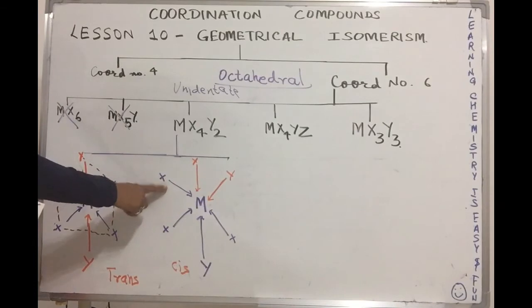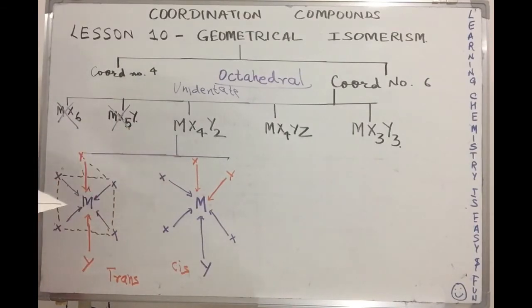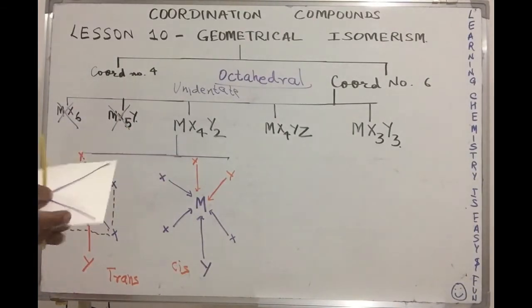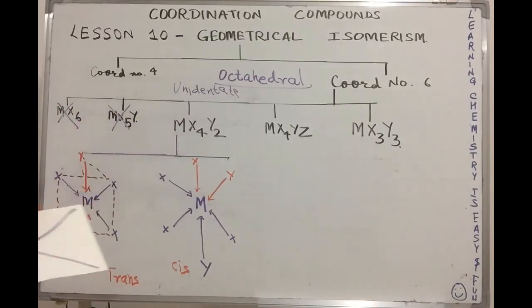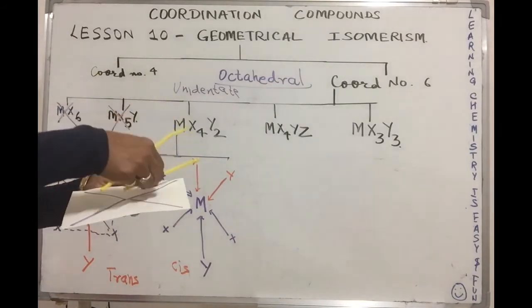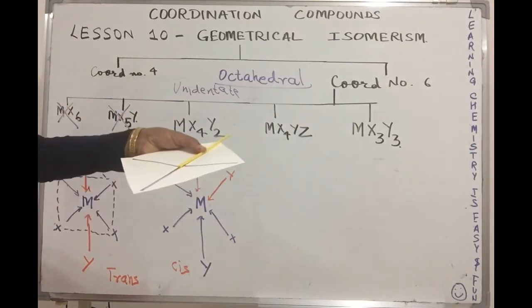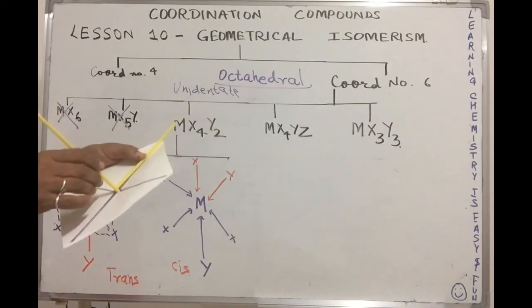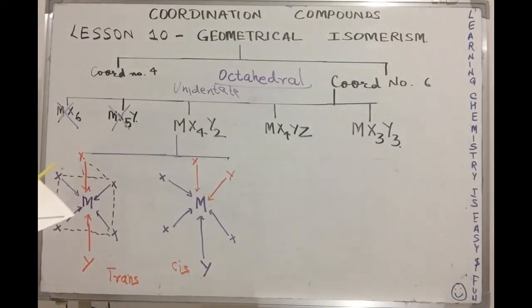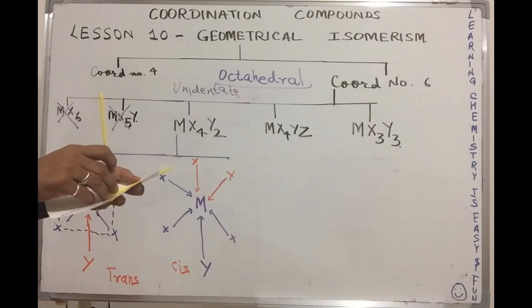The second scenario in MX4Y2 is wherein one of the ligands moves from the bottom position and occupies one of the positions here on the plane. The other continues to be on the top, right?